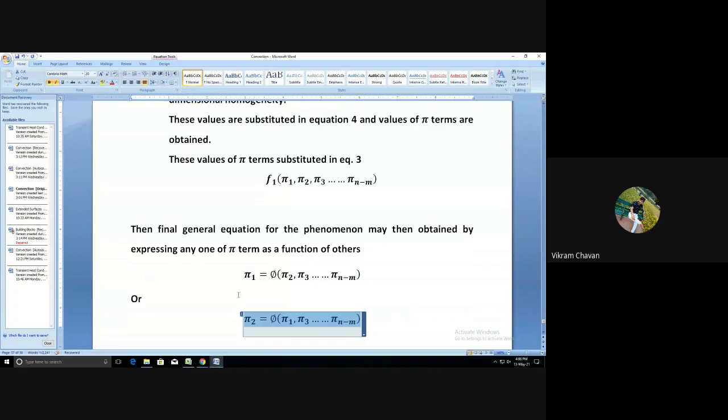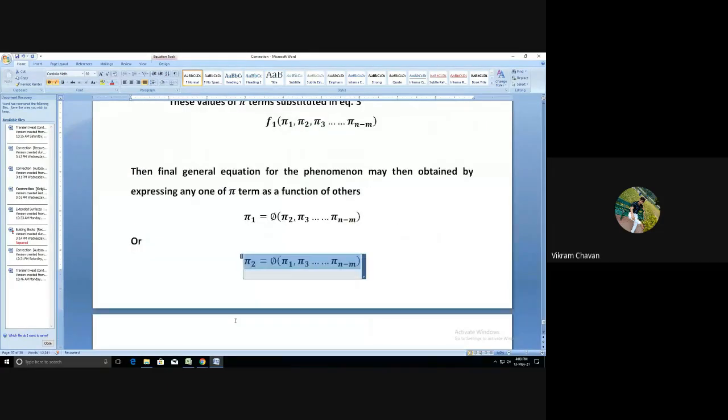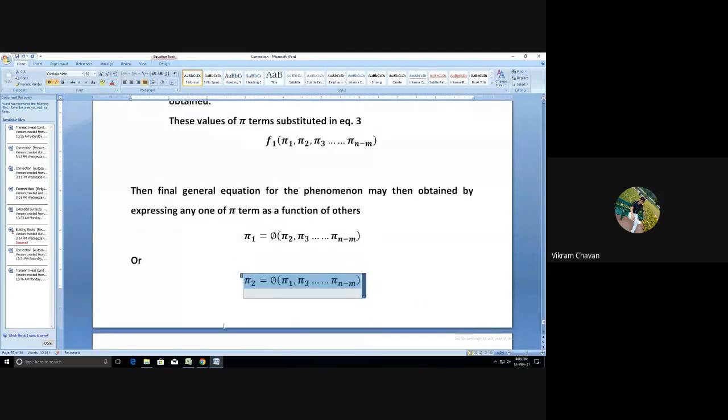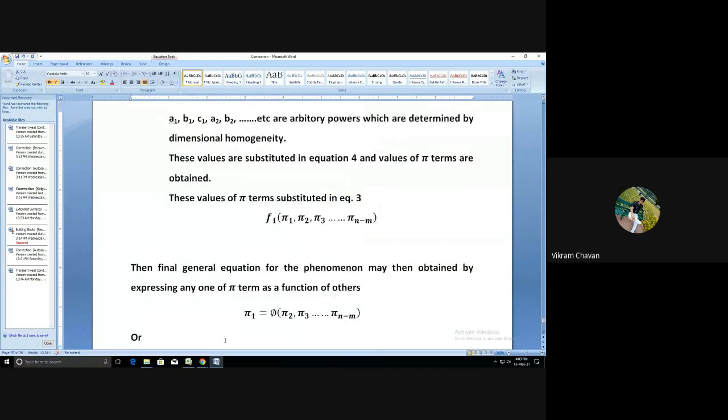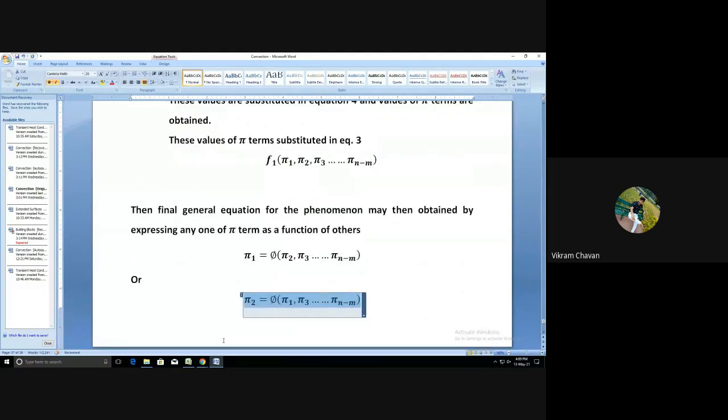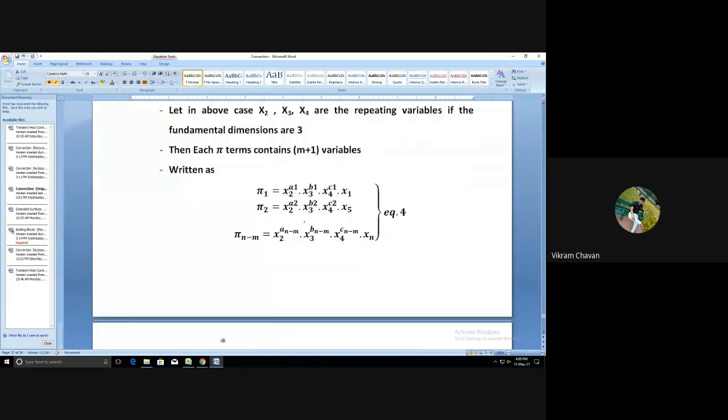So once you get the pi terms, you can express one of the pi terms as a function of the remaining pi terms. Is there any question, any doubt? This is the methodology to apply the Buckingham pi theorem.